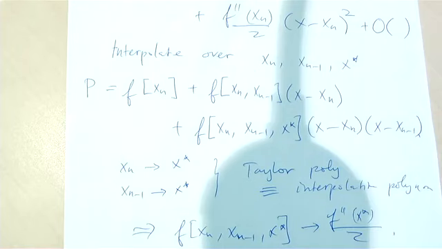So any question about the secant method? In MATLAB there is a function called fzero, and fzero uses a combination of bisection, secant method, and then interpolation, and you can use it to find the zero of a function.